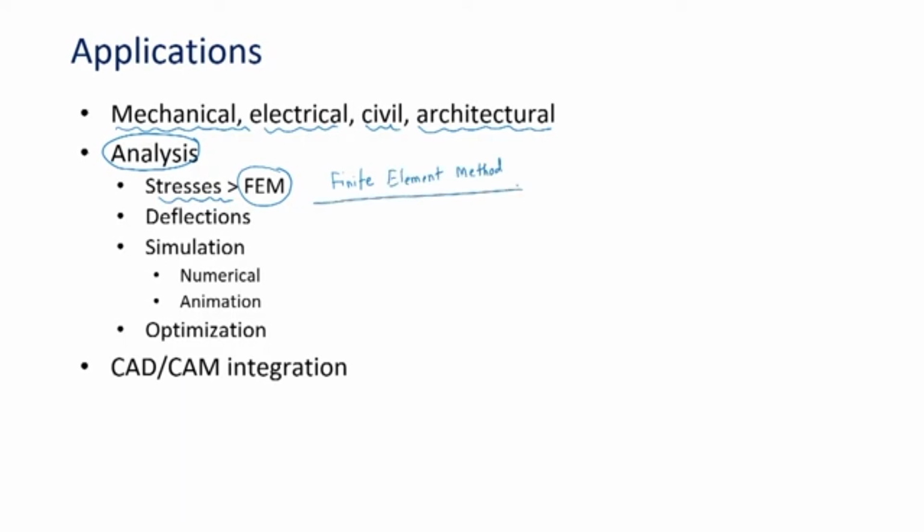To carry out the deformation analysis or the temperature analysis to solve the heat conduction problems, we are using this finite element method, but the basic input to the finite element method is the CAD drawing itself.